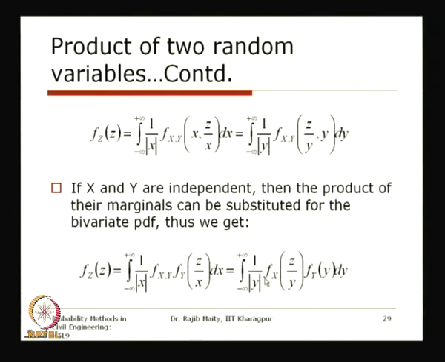So, it can be expressed in terms of fx of z by y and fy of y with respect to y, and similarly it can also be expressed in terms of x, that is fx of x and fy of z by x with respect to dx, with 1 by mod x from minus infinity to plus infinity. Both the expressions are possible.